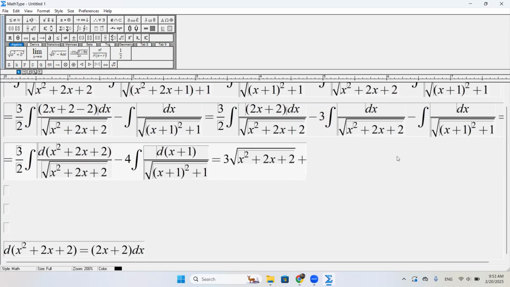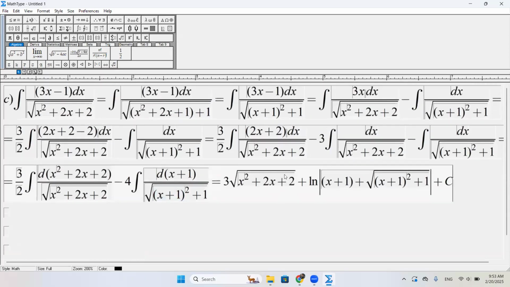This is the following expression: the logarithm, in modulus sign, of x plus 1 plus this square root, plus c. So it's done.